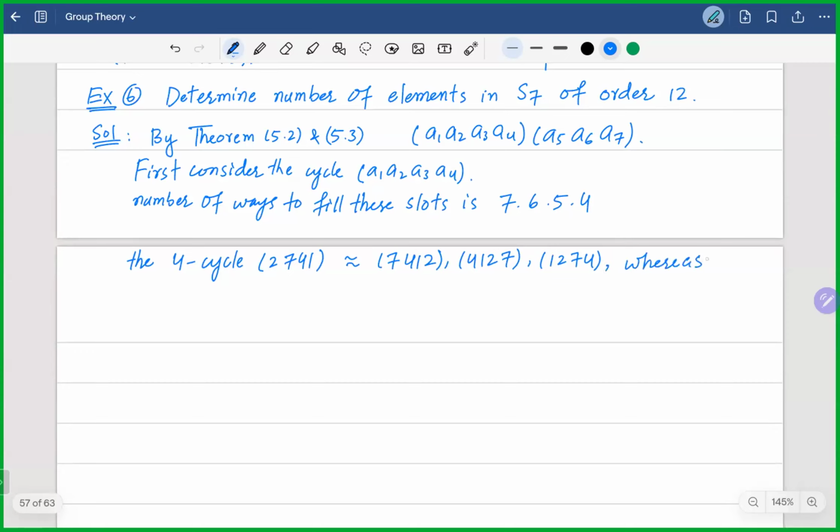Whereas the product counts them as different. Okay.